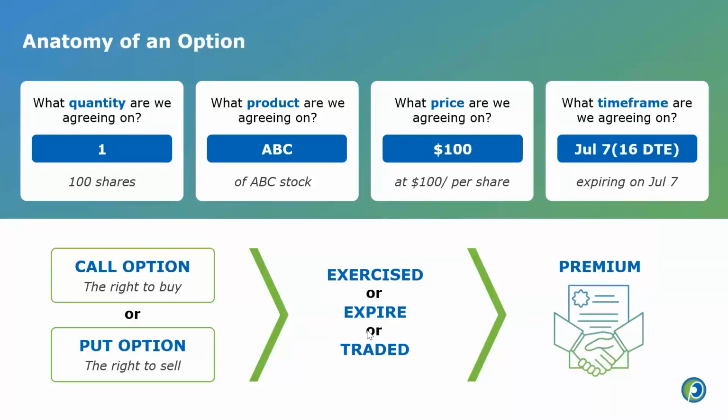Premium is how much the option is worth, and that can fluctuate due to a number of factors. You have time to expiration, implied volatility, and the movement in the underlying security as well. There's a whole bunch of factors, even interest rates, that can impact an option premium. But the premium dictates what price the option will be traded at.